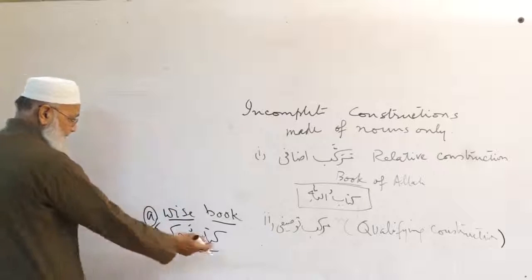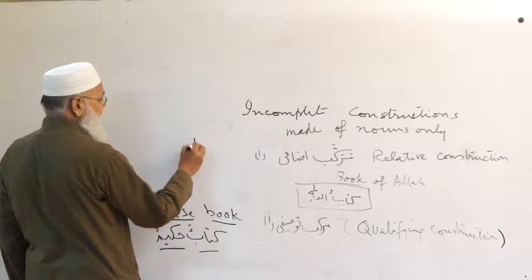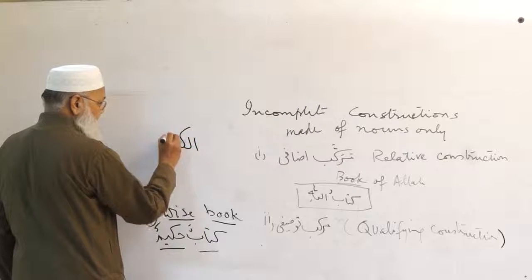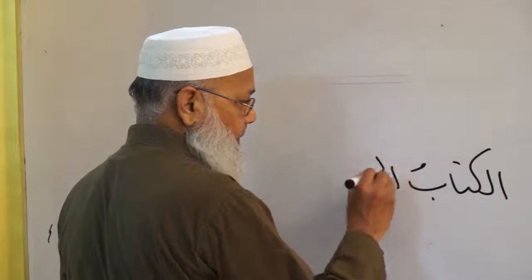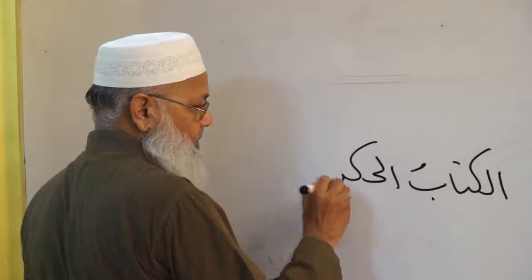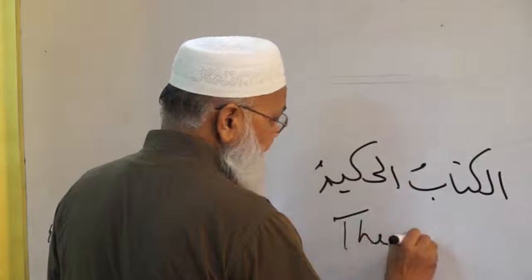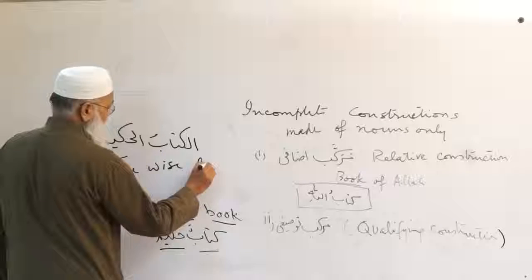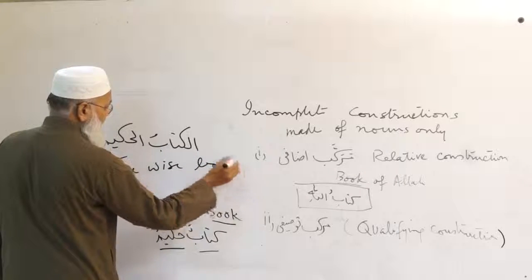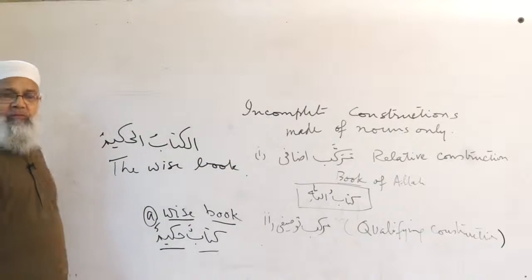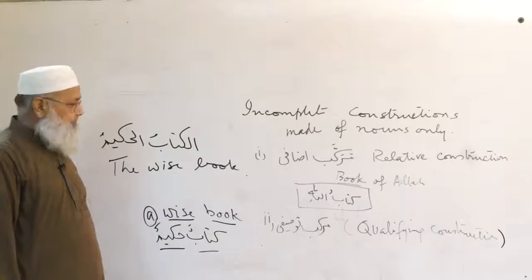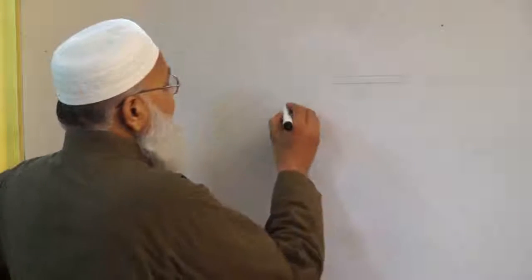Had it been definite, Al-Kitabul Hakimu, its translation would be the wise book. Al-Qur'an al-Hakimu, the wise Qur'an. Then there is complete construction.